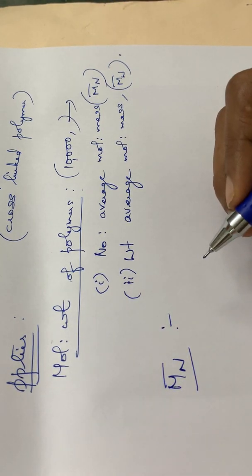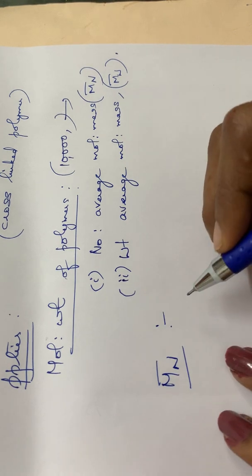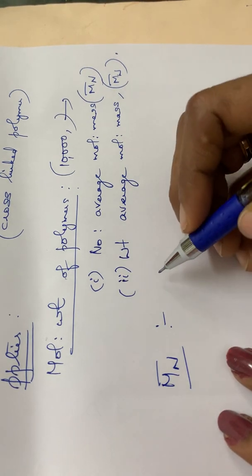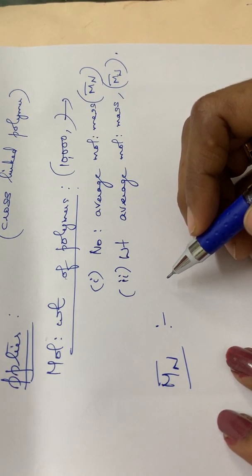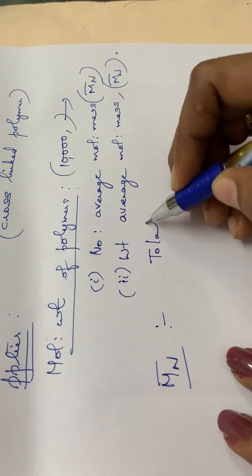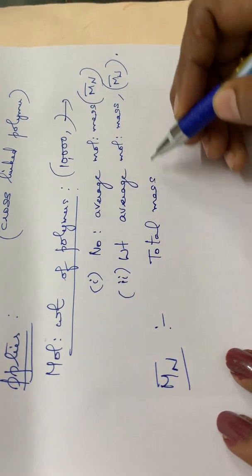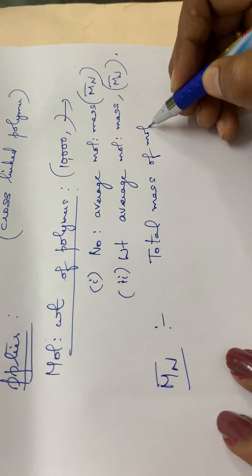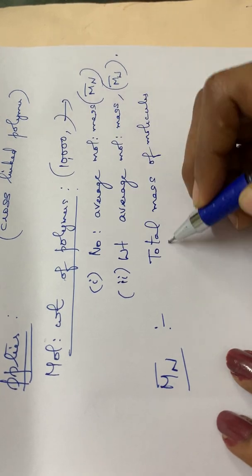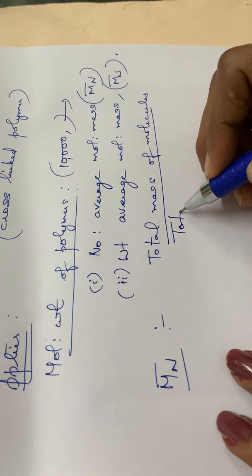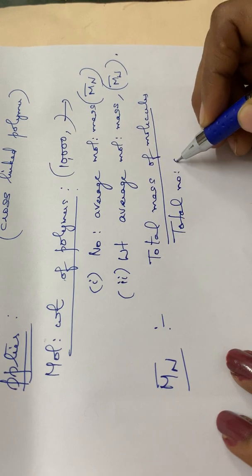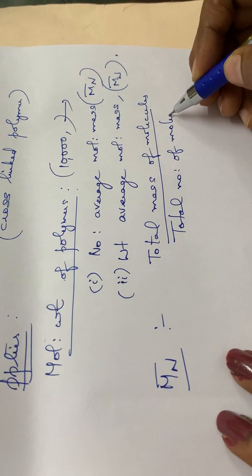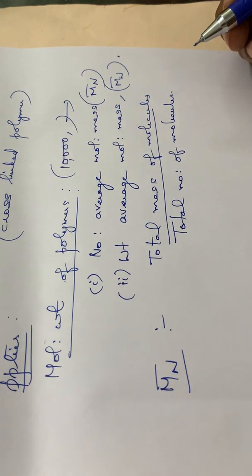See here, the total mass of the molecules is divided by the total number of molecules. That gives the number average molecular mass.